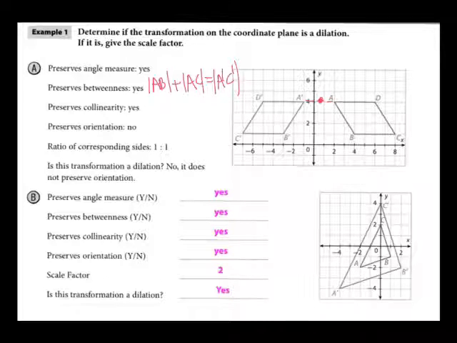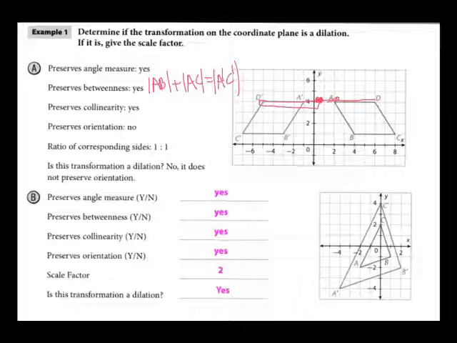So really what they're saying is that if I were to use that as my center of dilation, then if I measure from that point to A and from A to D, that it would be the same thing as if I was measuring from here, from the point all the way to D, so from here to here. So that is betweenness. So yes, there is betweenness.